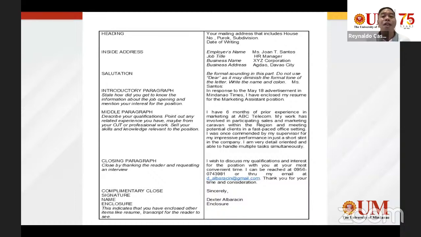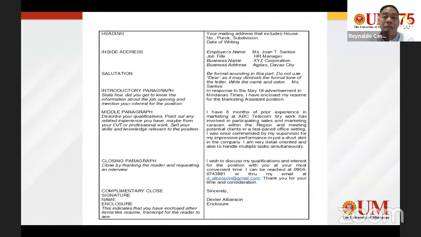You know what I mean? Do not write anything there that is not a requirement of the position. So if it is not required, if it is not expected from an applicant, do not include that in the second paragraph of the application letter.